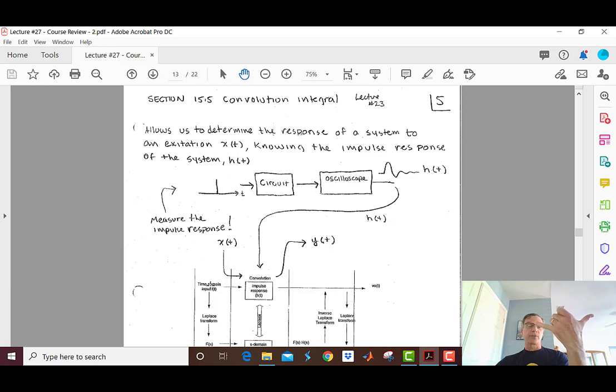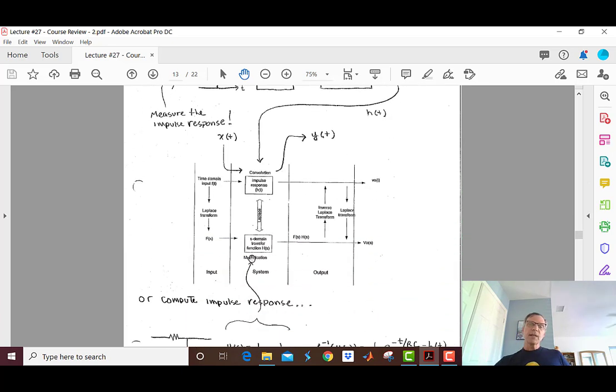Let's time reverse it so that the first note goes into our filter first, and then we're going to slide Beethoven's Ninth Symphony by the impulse response, and we're going to integrate at every little piece of time. And of course, we're going to do that graphically, or I do it with MATLAB. So that's what impulse response is all about.